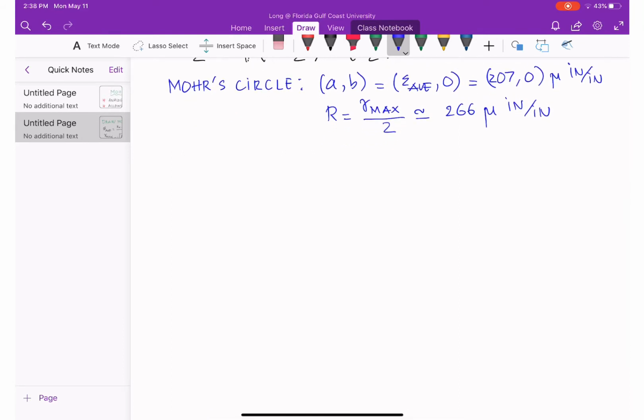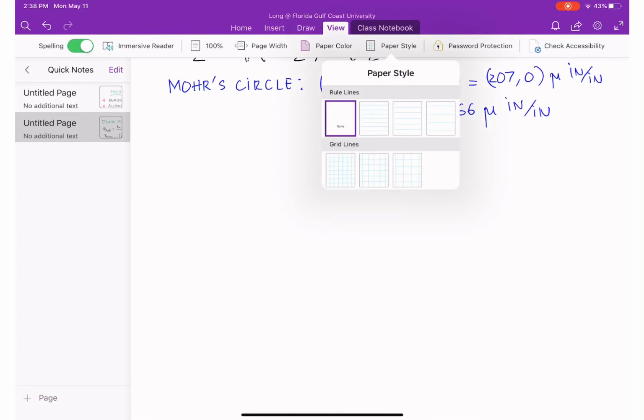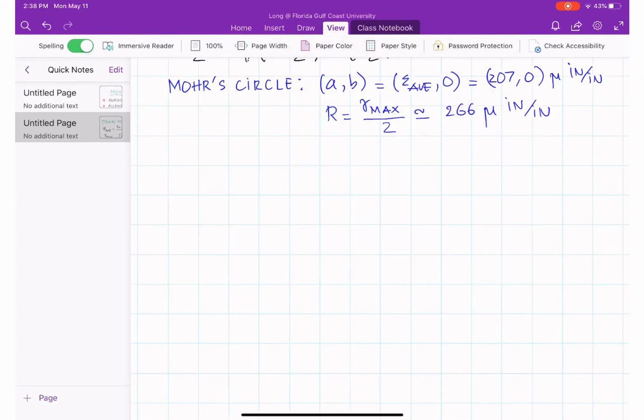With that, we select the grid paper. It's easy to draw the Mohr's circle here. Draw the Mohr's circle to find epsilon 1, epsilon 2, and gamma max, so that we can apply generalized Hooke's law to determine the principal stresses and maximum in-plane shear stress. So let's draw.